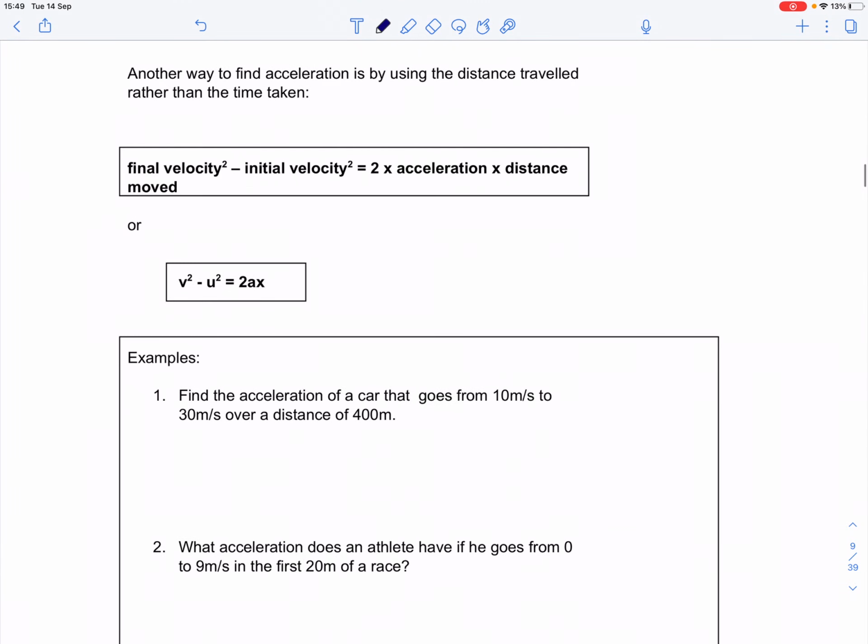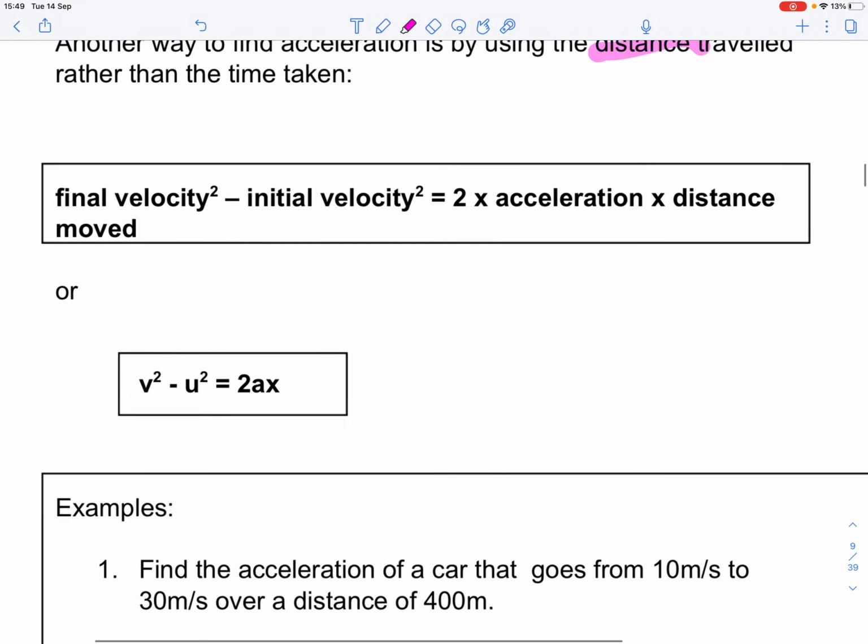If we know the distance rather than the time, and we can also work out the velocities at the beginning and the end, then we can use this equation to calculate the acceleration, or indeed any of the other quantities in the equation. Let's just zoom into this a bit, because there's a bit of detail here that I don't want you to miss.